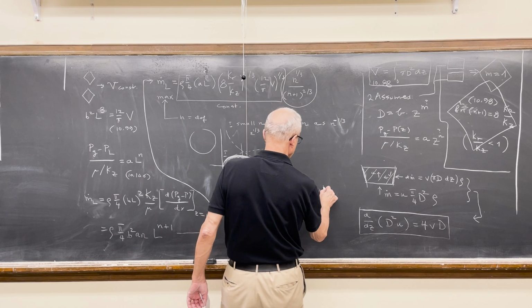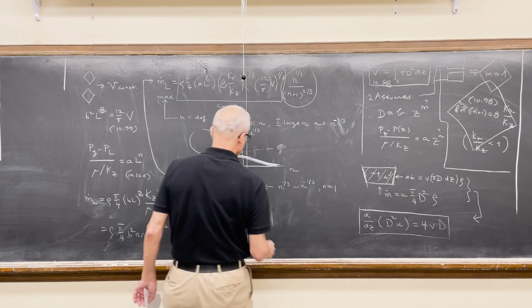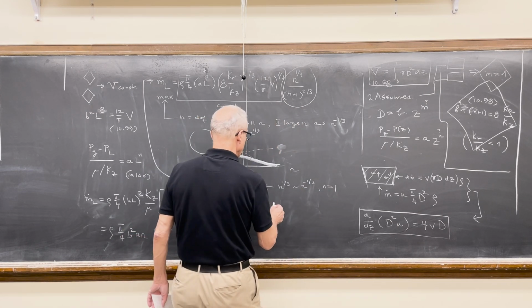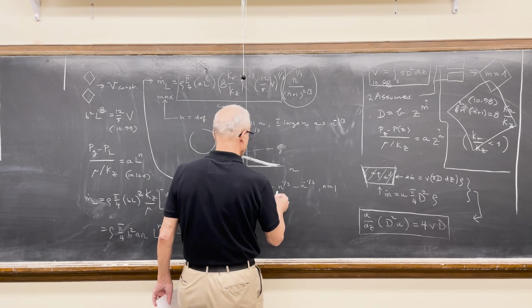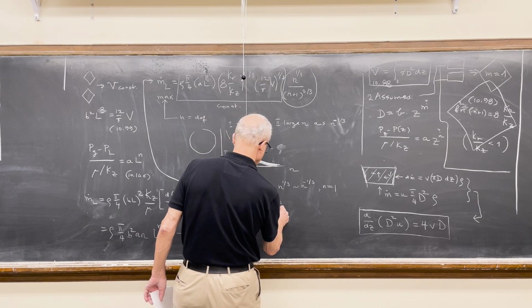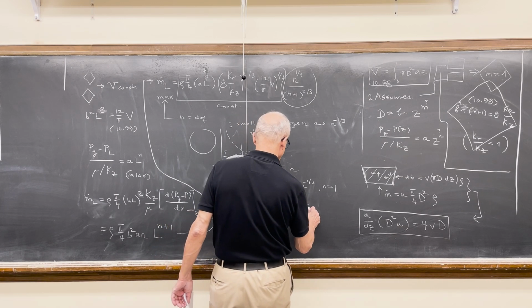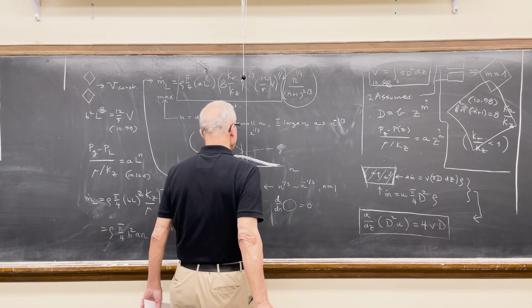That means n equals 1. But you get the same result if you do the dn of the balloon and set it equal to 0 in this case.